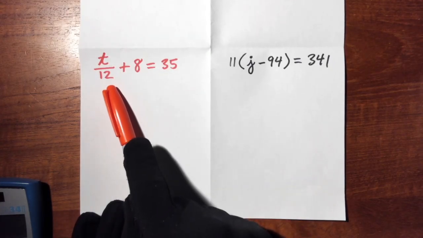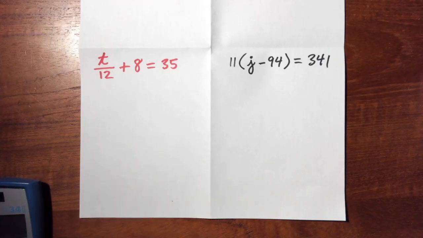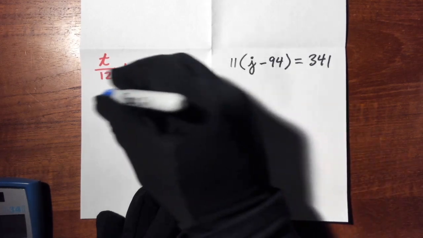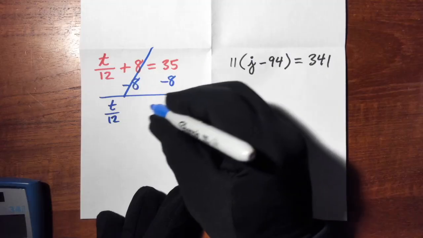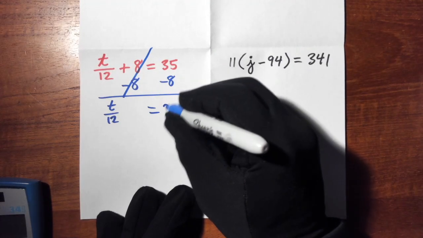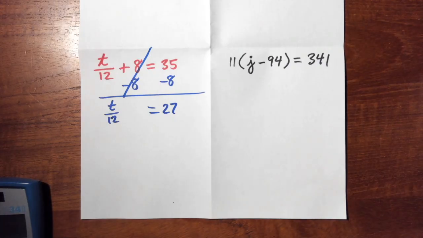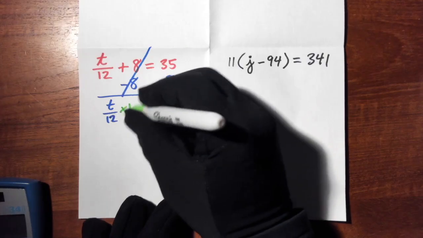Divide by 12 is the most attached to t, so I'll strip away the plus 8 first. Strip away a plus 8 using a minus 8. T over 12 equals 27. Strip away a divide by 12 by multiplying by 12.